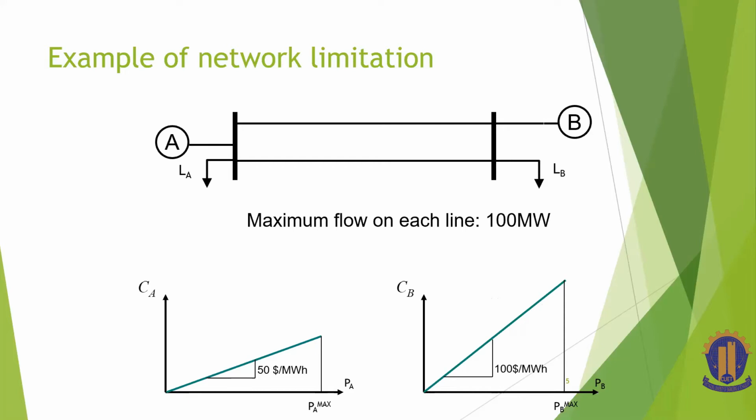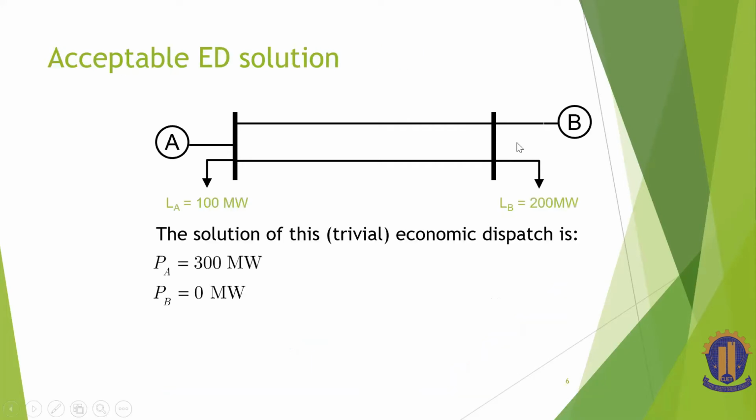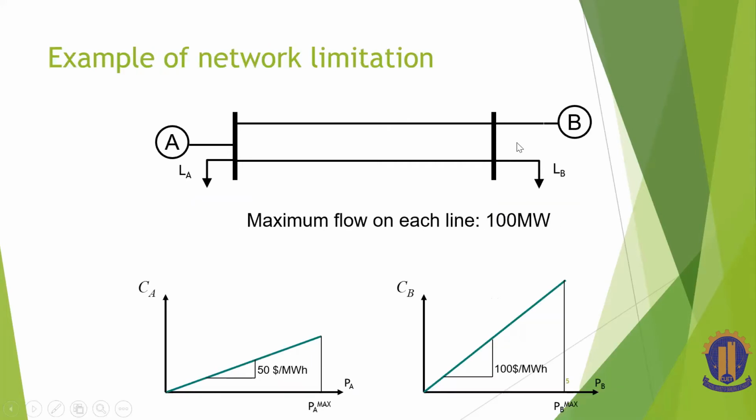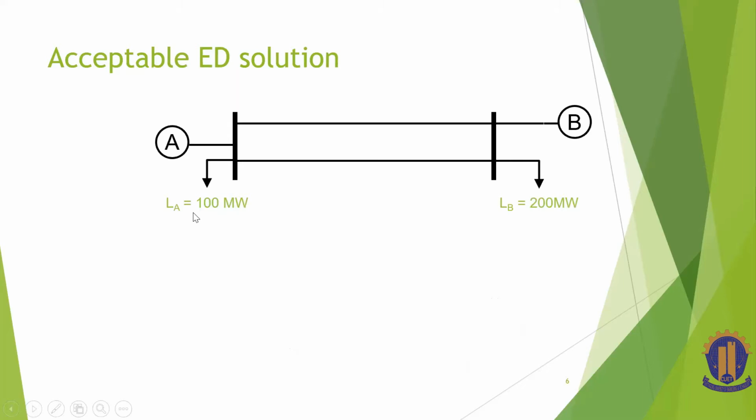So it also has a maximum limit. In this case, if we consider the real values, the generator A bus has a 100 megawatt load, and the load at bus B has a 200 megawatt load.